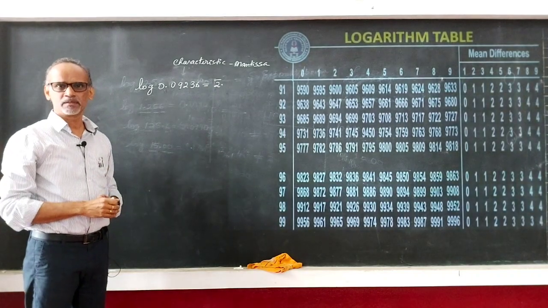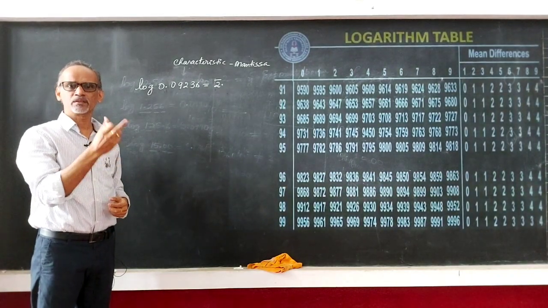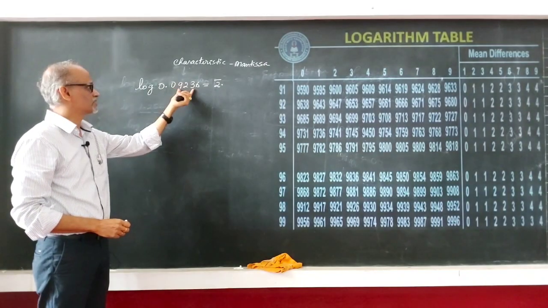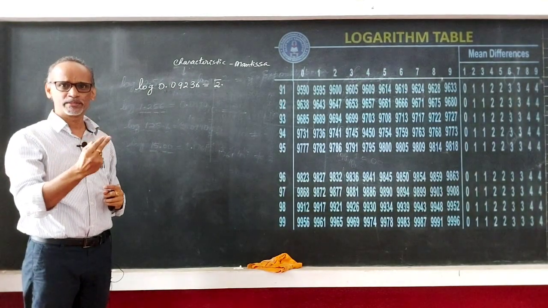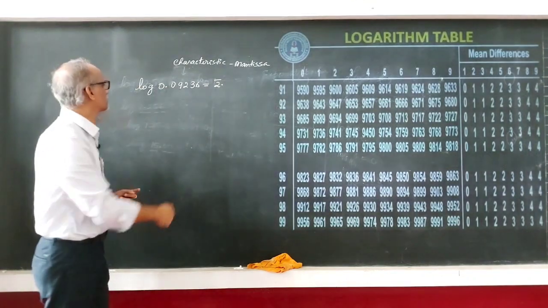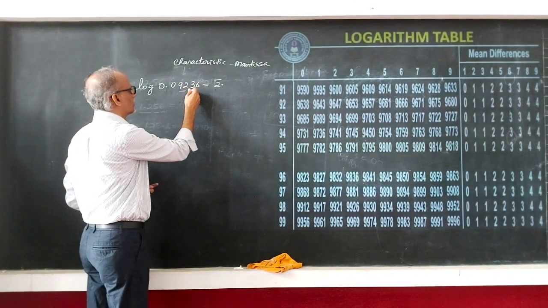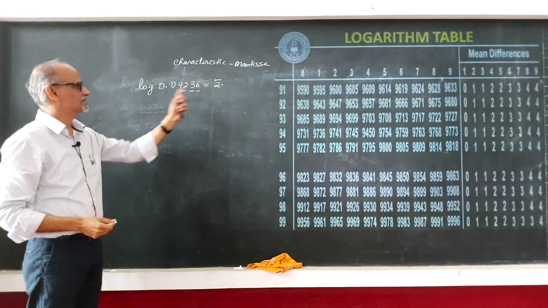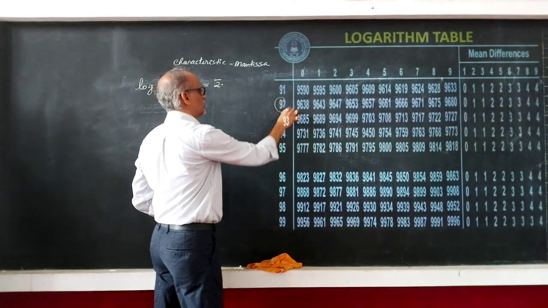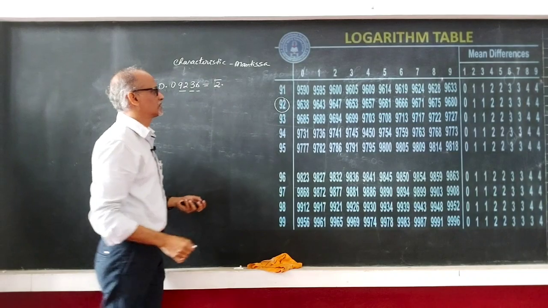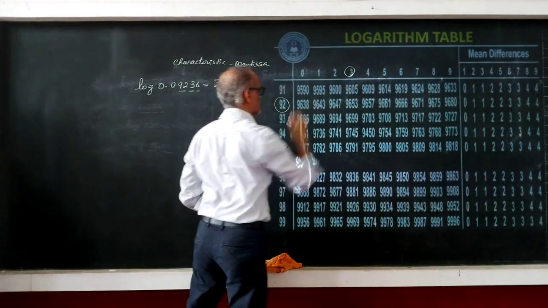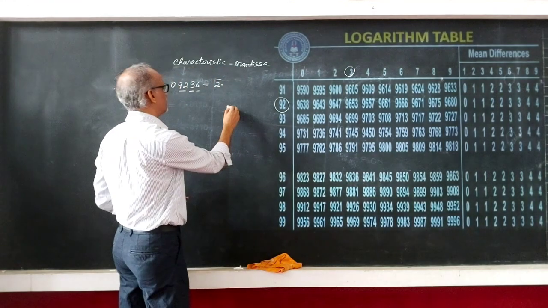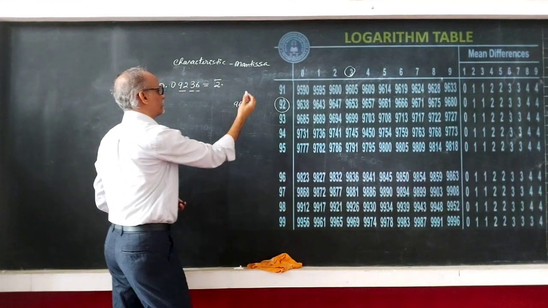Then we need to find the mantissa. The rule is the same. Split the given non-zero digits into 3 parts: 2 digits, 1 digit and 1 digit. So it is 9236. 92 in the first column, 3 in the first row, where they intersect at the number 9653.